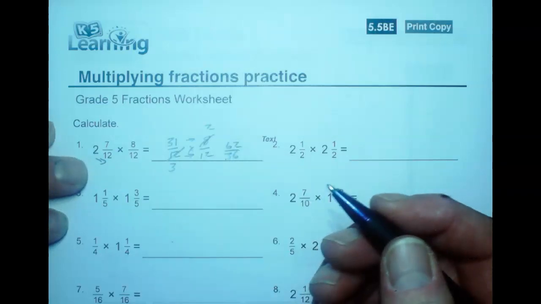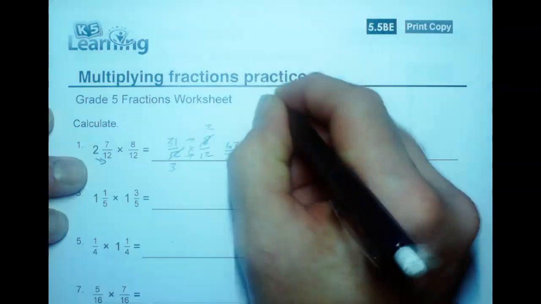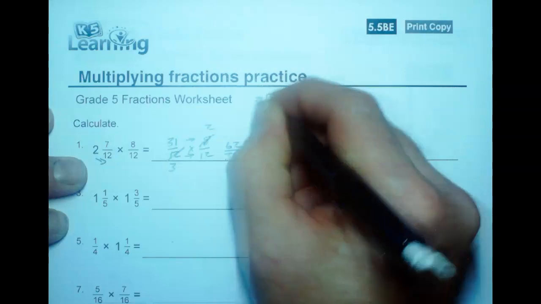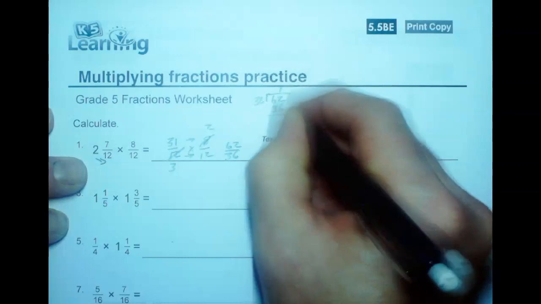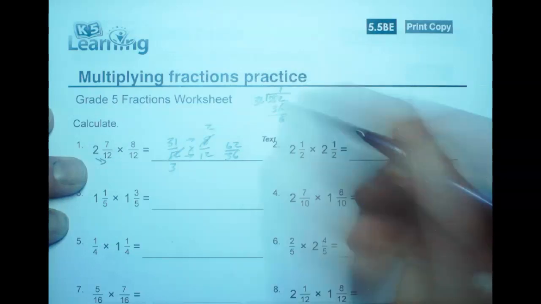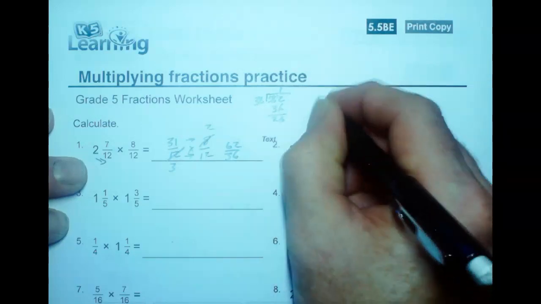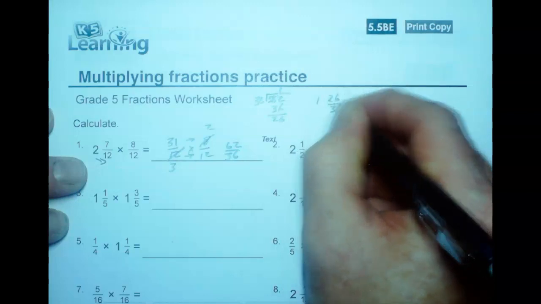That's an improper fraction. We have to put it back into a mixed number. So we can just think about it this way. 62 divided by 36. It's obviously going to go in there one time. You can subtract it out. 12 minus 6 is 6. This is a 5. 5 minus 3 is 2. So we have 1 and 26 thirty-sixths.